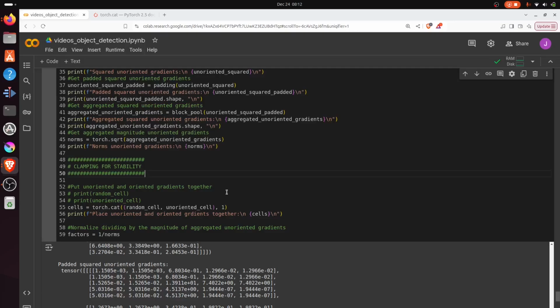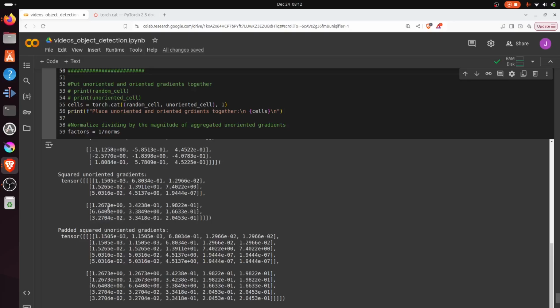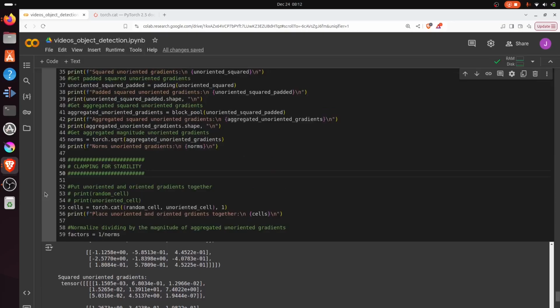So now, what should we do next? Well, now we need to be careful because remember that we applied padding earlier. Here we padded our unoriented gradients, right? And this meant that we expanded the spatial dimensions of the gradient tensor. So new rows and columns around the tensor were created.